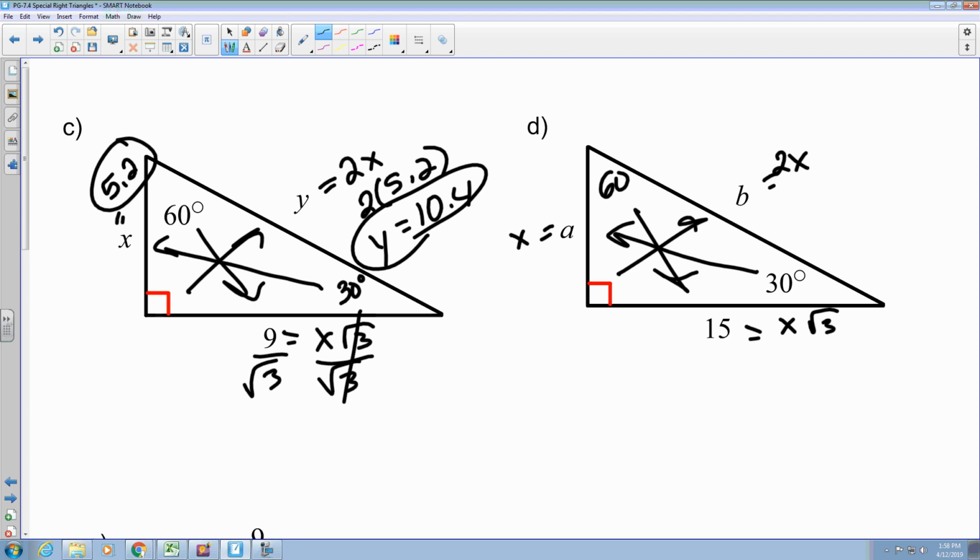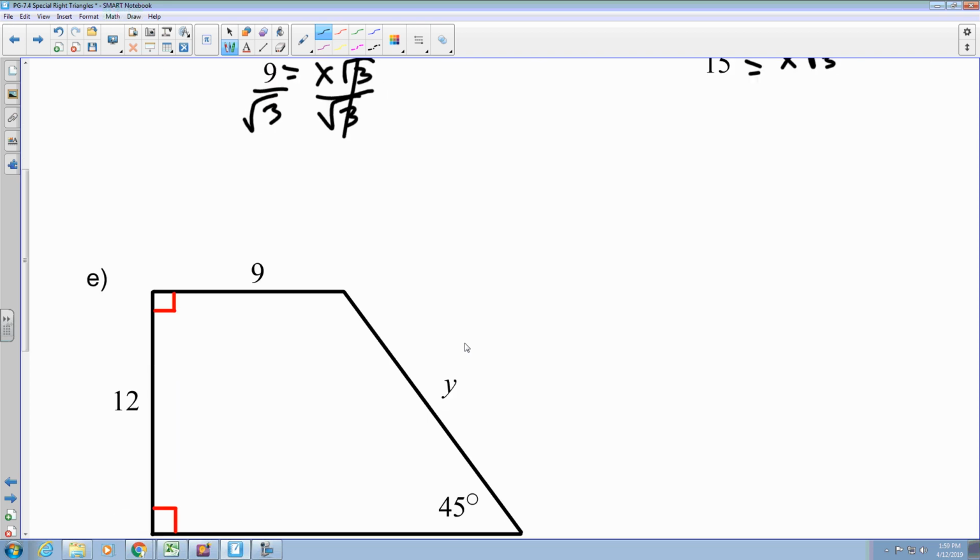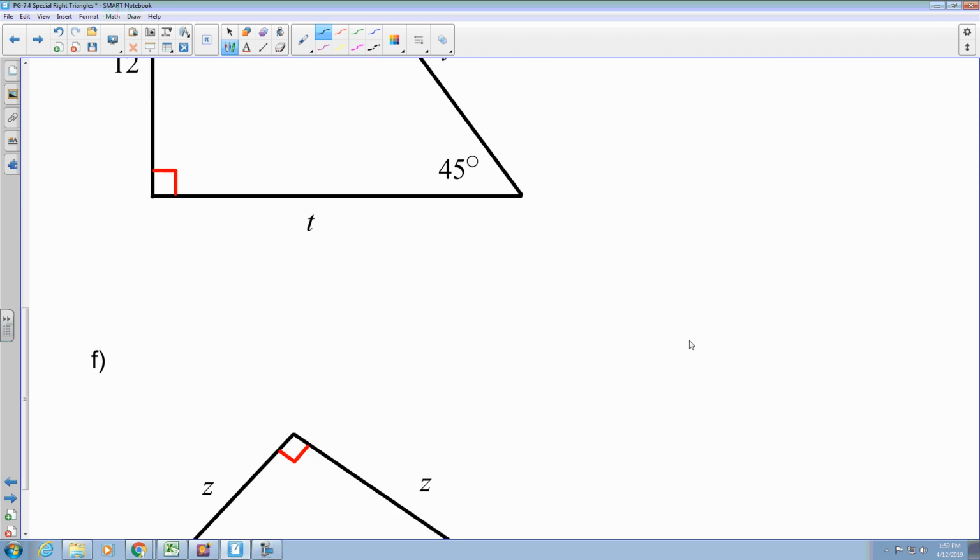So again, we can go over here, take 15 divided by the square root of 3. That means that x in this case is going to equal roughly 8.7. And then over here, it's going to be 2 times 8.7. So 2 times 8.7 is going to equal 17.4. And again, you can check that with the Pythagorean theorem to make sure it makes sense.